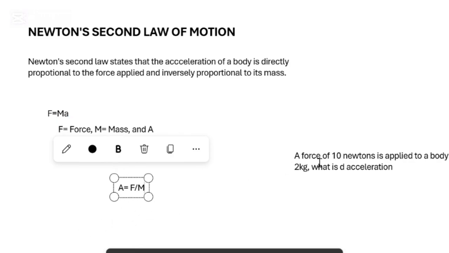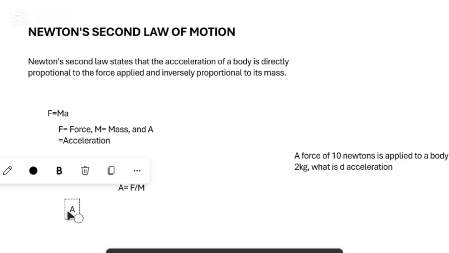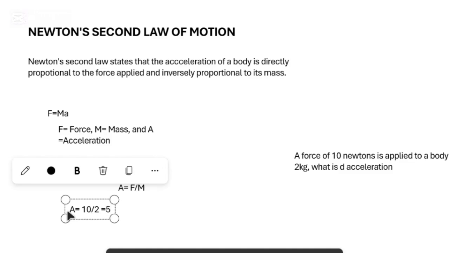Now we have our F as 10, a force of 10 newtons according to the question. We have our m as 2. So our a equals 10 all over 2, which equals 5.